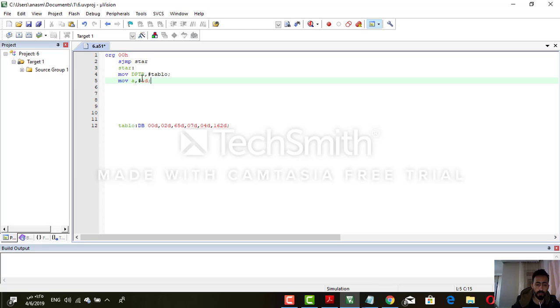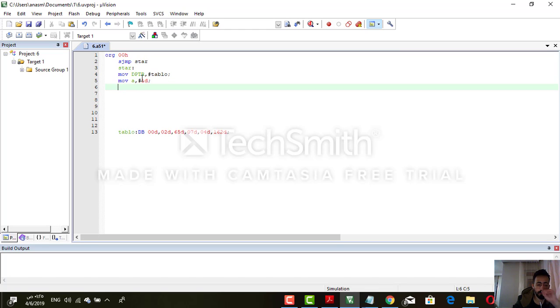And after that we will use MOVC to accumulator, A plus data pointer. So this is one of my uses of the data pointer.